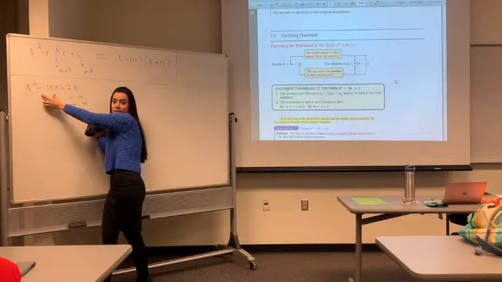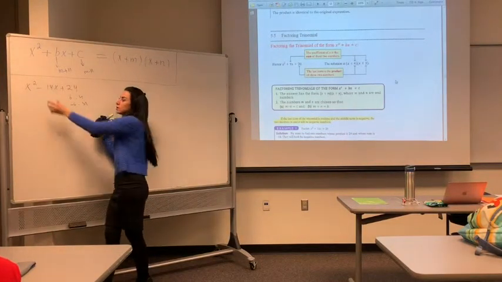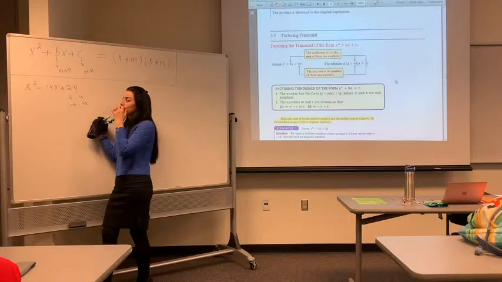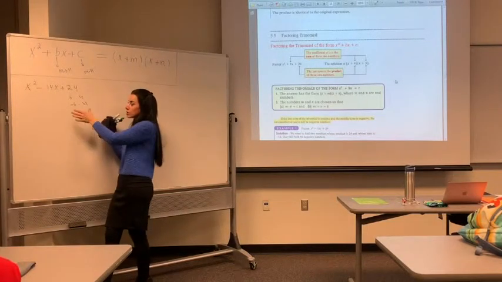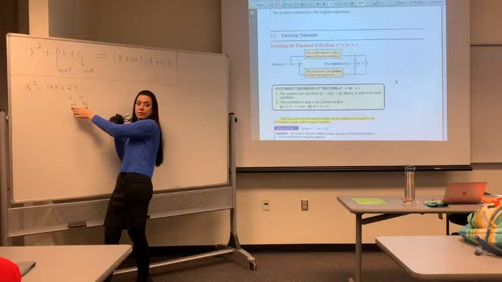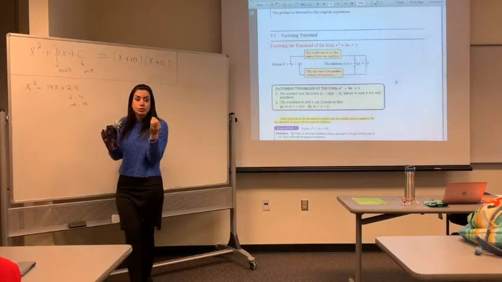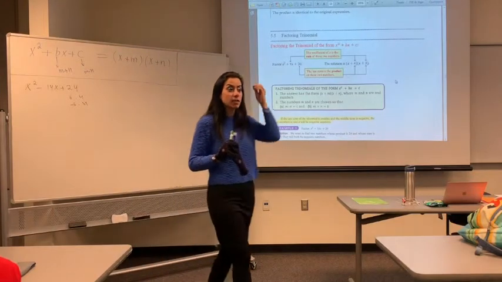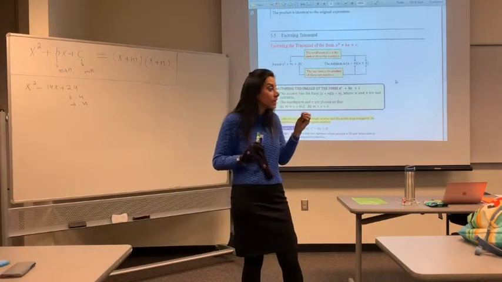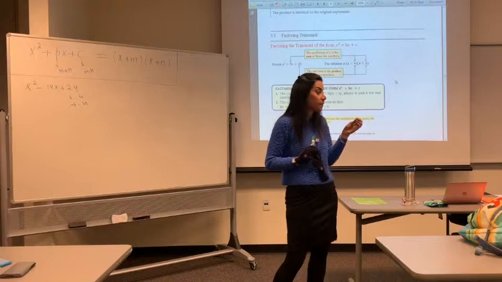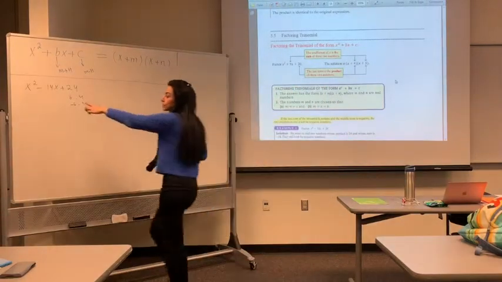Negative 14, so that should be a negative number. If you add these 2 together, you will have negative 10. So those 2 numbers we add should give us a negative number. Why? Because this one is negative, right?